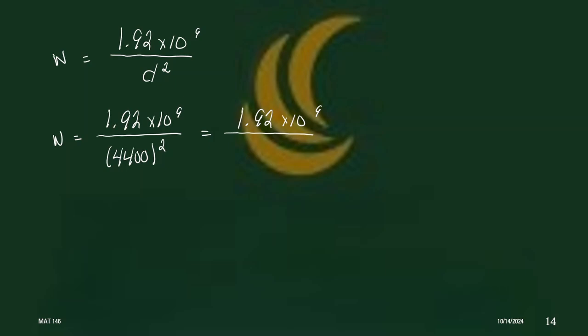What is 4,400 squared? Yeah, this we're going to need a calculator for. It's going to be 4.4 times 10 cubed squared. So 4.4 squared.